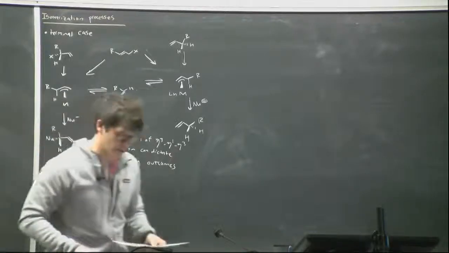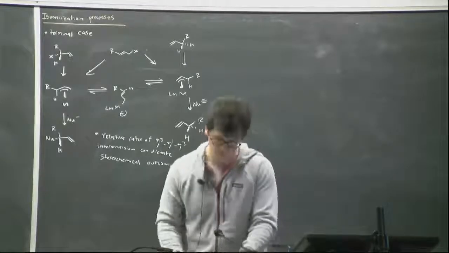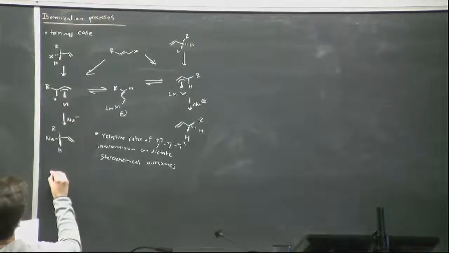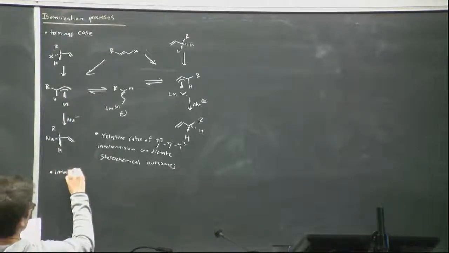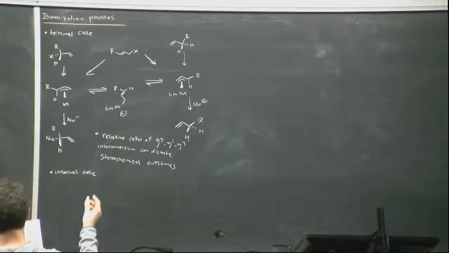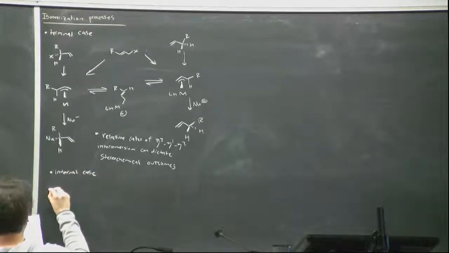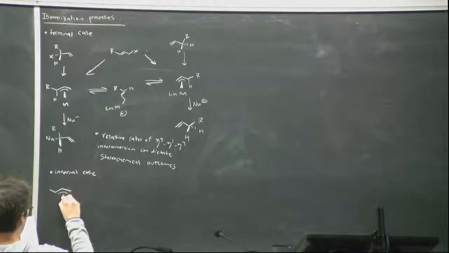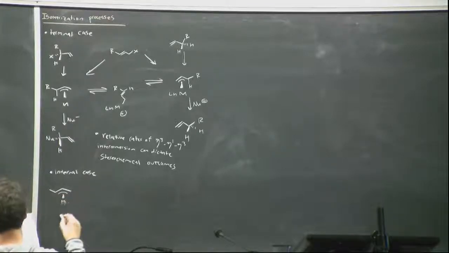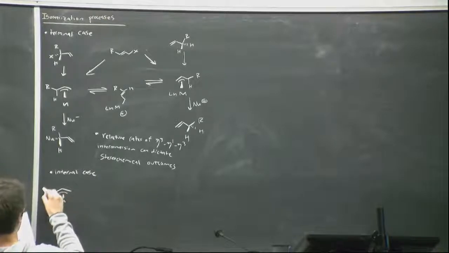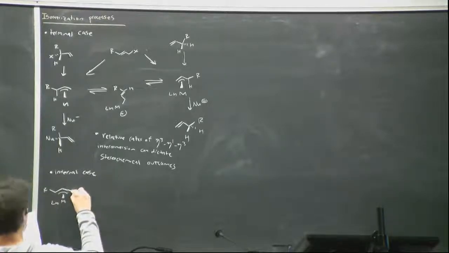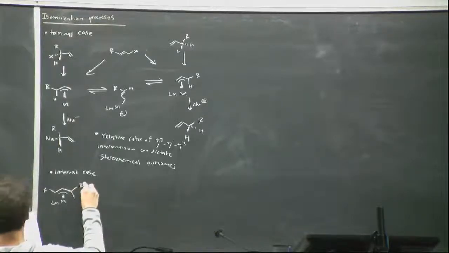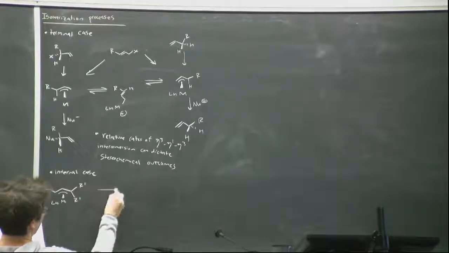I basically just wrote down what I just said in a different language here. And so that's the terminal case. You can also consider the internal case. Probably you immediately recognized that the epimerization process for the terminal case hinges on this ability to make a racemic eta-1 pi-allyl.